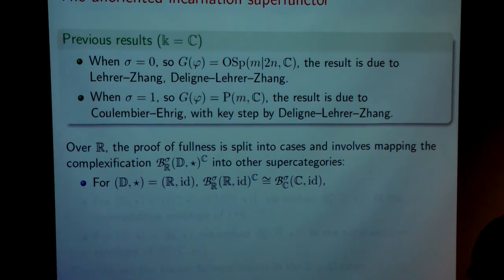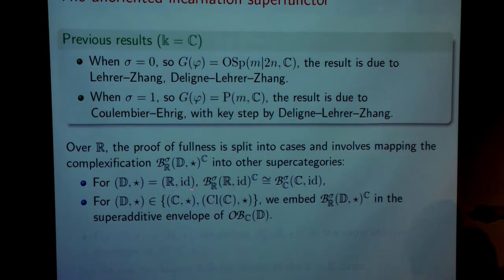When you take complex numbers with complex conjugation, or the complex Clifford superalgebra with its anti-involution, when you complexify this unoriented Brauer category, you actually have to embed it in the superadditive envelope of the oriented Brauer category. So this is a non-trivial embedding, and it's a little bit technical to show that this embedding has the right properties.